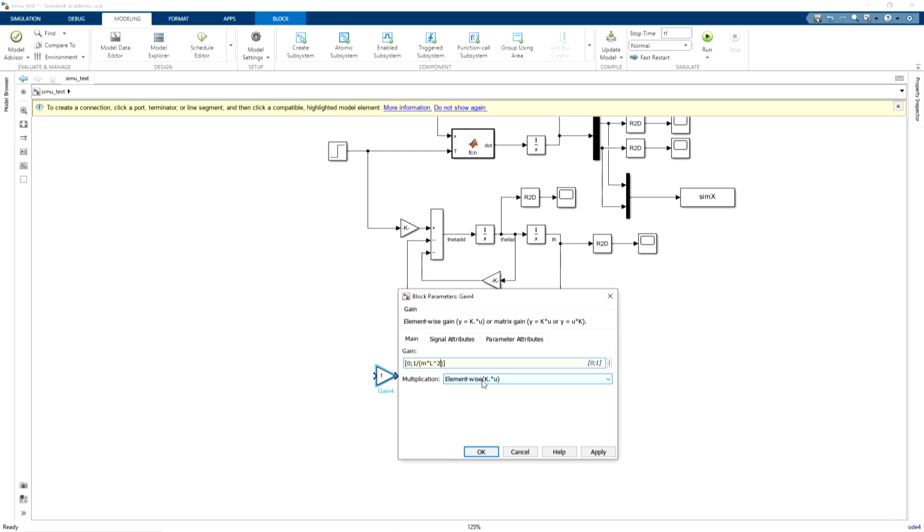So this can be element-wise. Why? Because here the input to this block is a scalar, it's not a vector.